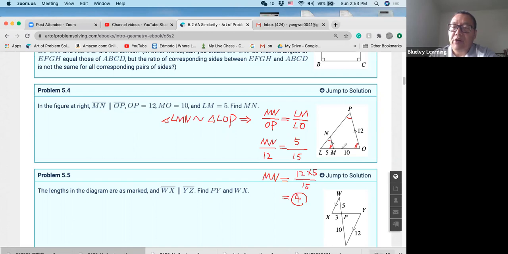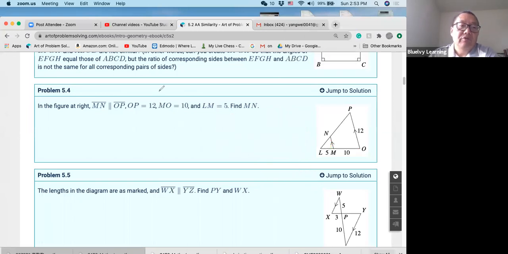You get two pairs of angles that are congruent. Then these two triangles will be similar. Similar triangles will have the same ratio for their corresponding sides. Then based on the numbers of sides they give you, solve for the side you're looking for. Then you get this one equals 4.